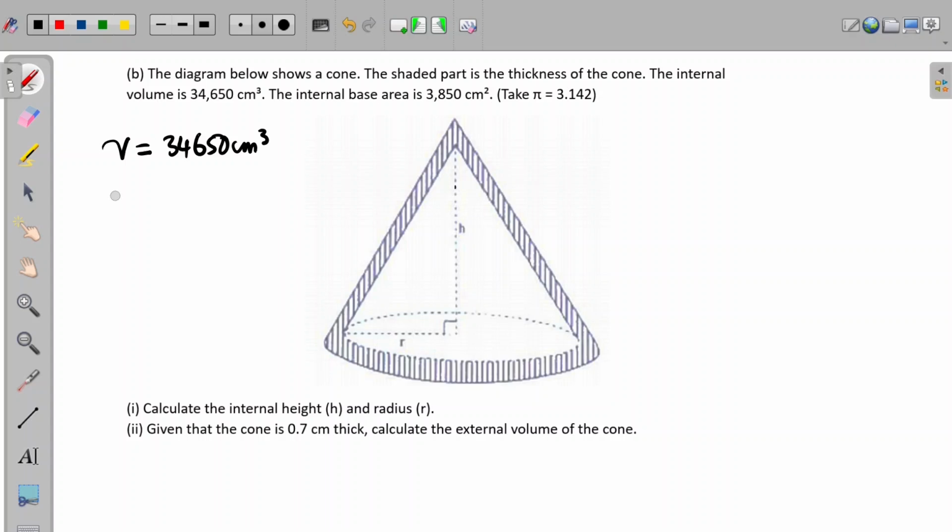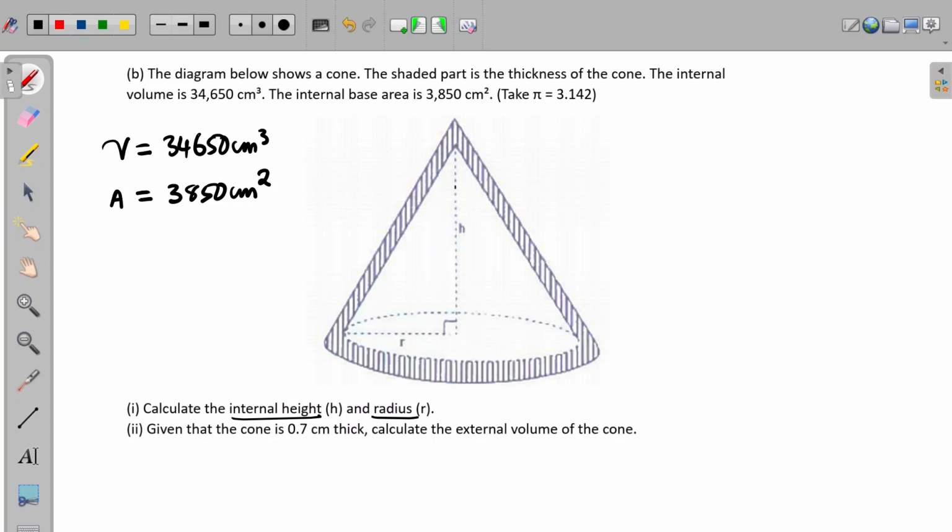And we have also been given area, which is 3,850 square centimeters. Now, these are the values they have only given us, yet they're asking us to find height and the radius. It means that internal height and radius are hidden in these values.